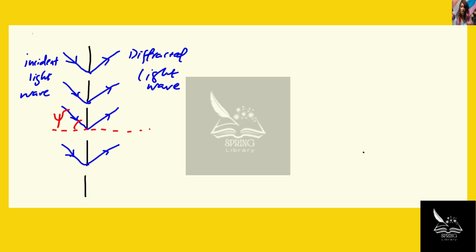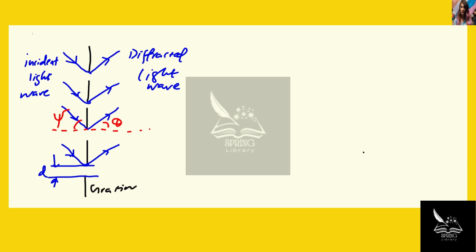That's the incident angle. The gap between the two openings, the gap for the opening is d, as you can recall, and of course the angle of diffraction is theta. And this is the grating we're dealing with.